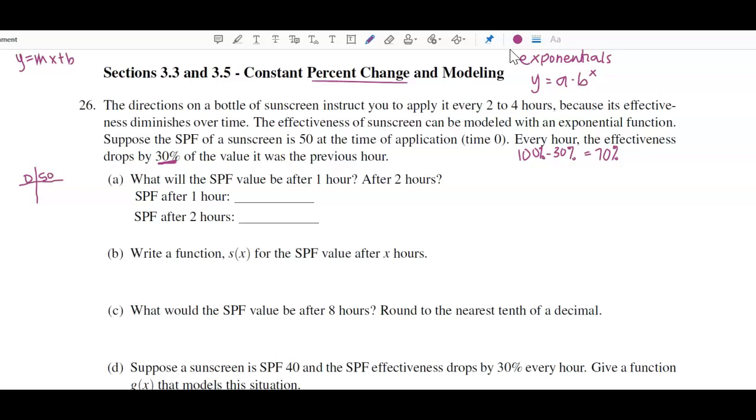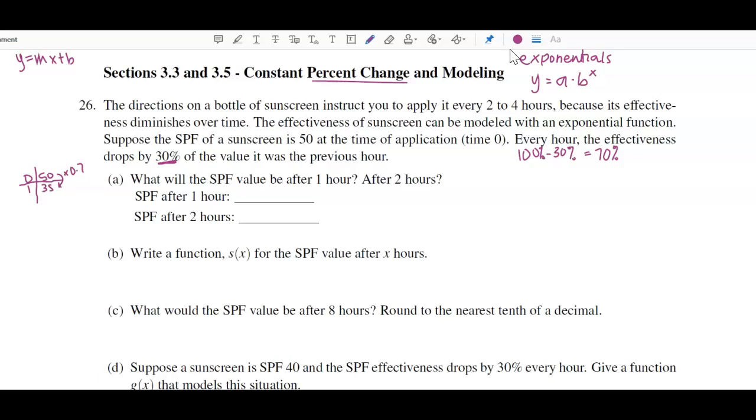But after 1 hour, it's decreasing by 30%, or it's leaving 70%. So you're really taking that 50 and timesing it by the 0.7. And when you do that, that gives you 35.